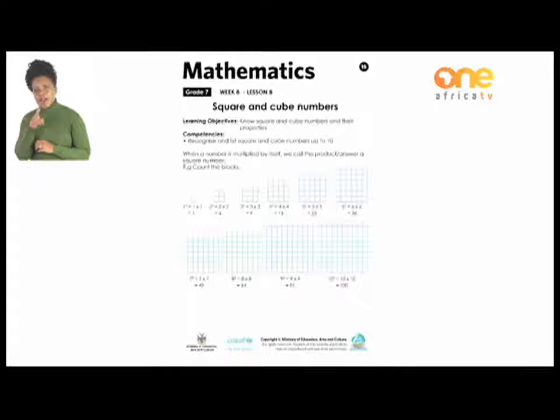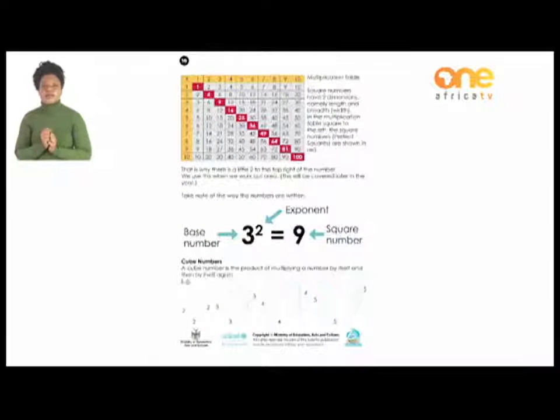Now we have to move to page 16. Page 16, there is a multiple table whereby there are numbers which are colored in red, and blocks, and some which are yellow.